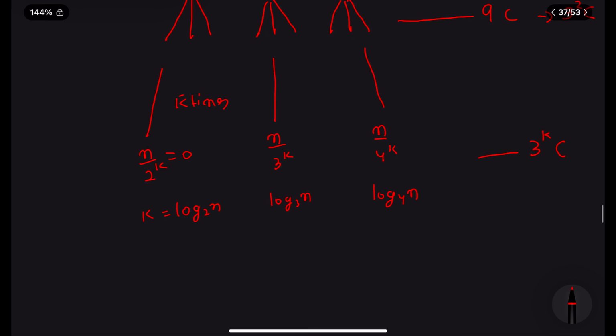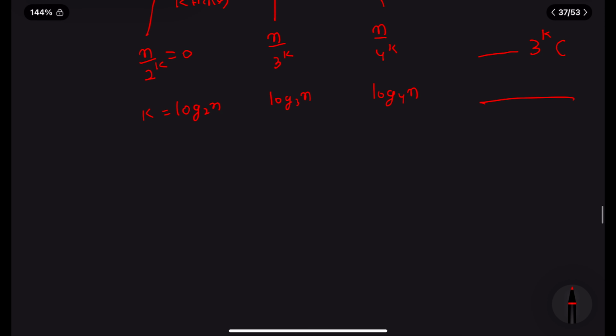If we sum these values, it will be equal to C + 3C + 3^2 C + ... + 3^k C. We will take the larger value of k, which is log base 2 of n, because in a log, the smaller the base, the larger the value.